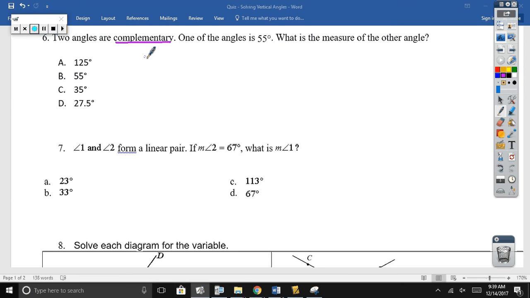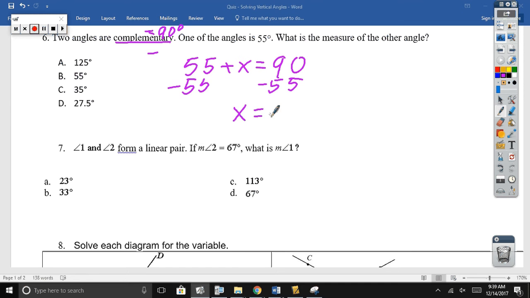Complementary means adds to 90. So if I have 55 plus some number equals 90, that means my mystery angle is 35. Great.